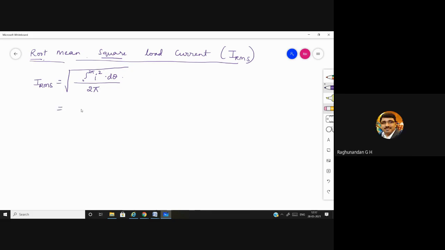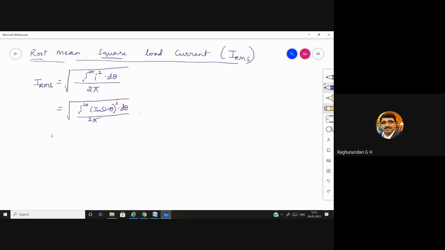After this, we are going to substitute for I. I is the instantaneous input signal, the instantaneous current. So to that instantaneous current, we put its equation. So 0 to 2 pi, we take Im sin theta whole square into d theta divided by 2 pi.